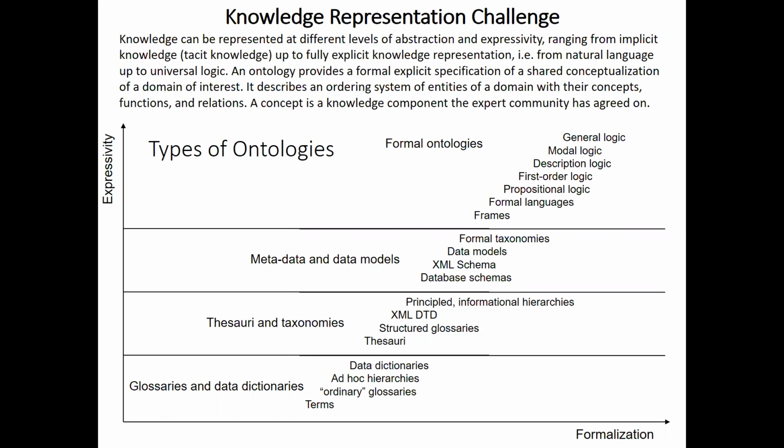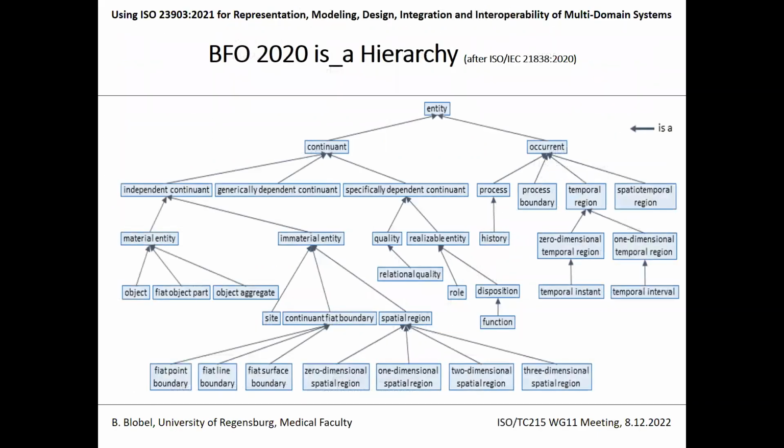The data level at the end is represented by data models, XML schemas, database schemas, etc. Both are ontologies for their specific viewpoint, the real world business viewpoint or the data viewpoint. If I have to deal with information, then I have thesauri, taxonomies, informational hierarchies forming the ontology of the information view. In other words, all those different viewpoints have ontologies and I always have to transform from one representation style based on that ontology into the other, up to the implementable level. And this is the top level ontology.